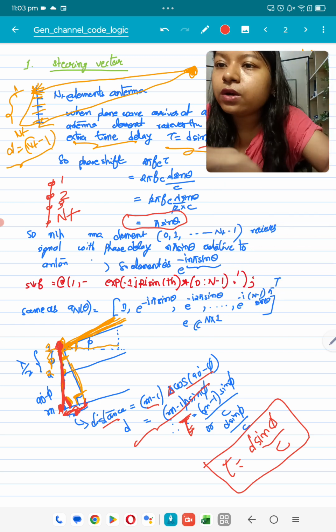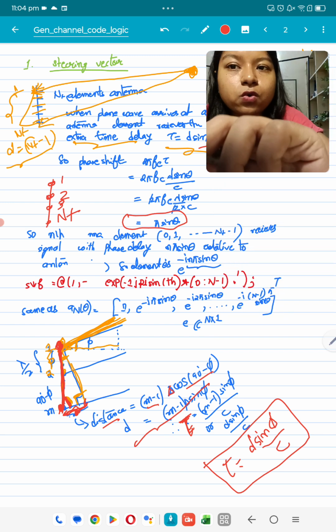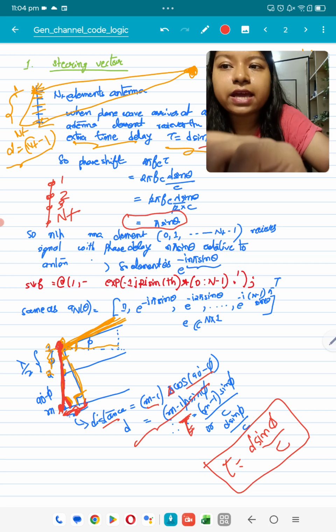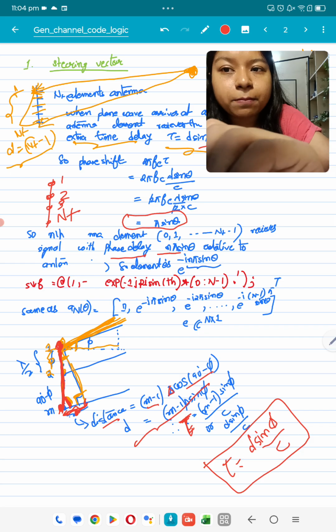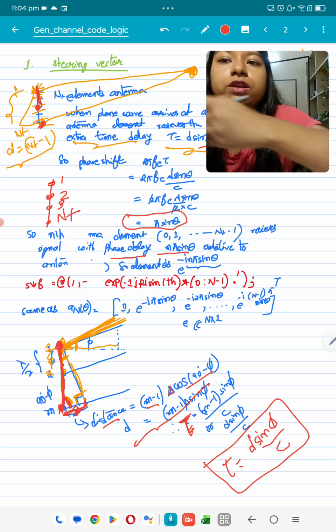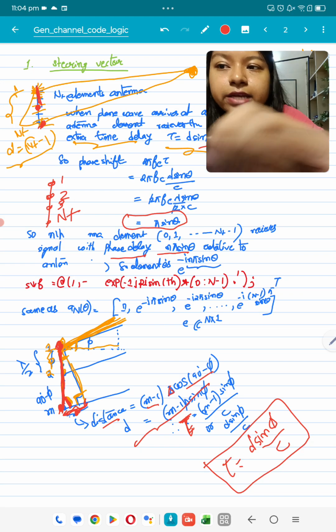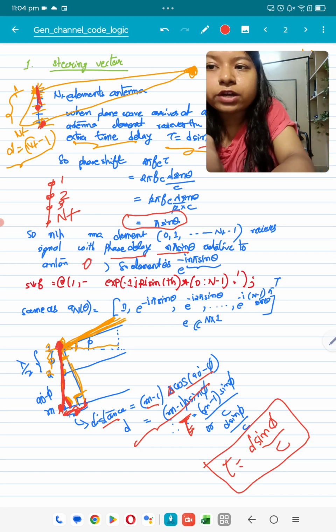See, the nth element, where the elements are 0, 1, up to nt minus 1, receives a signal with a phase delay of n pi sin theta. So the last element, if there are a total of n elements, the nth element, will receive with a phase delay of n pi sin theta relative to the 0th antenna element.